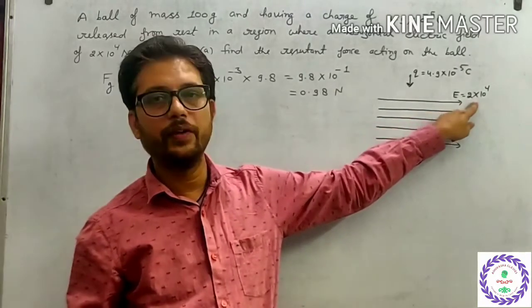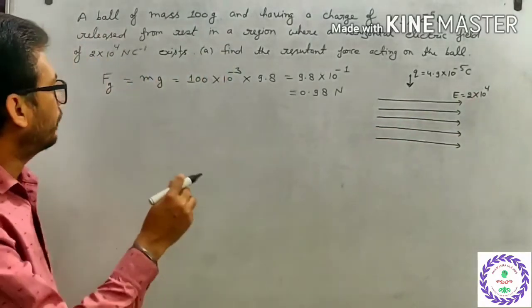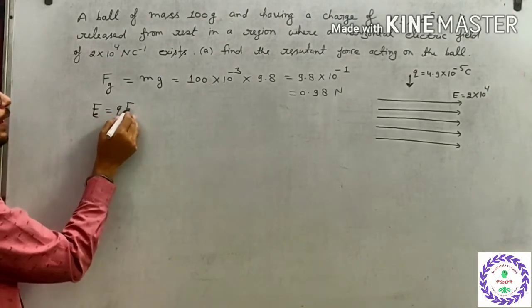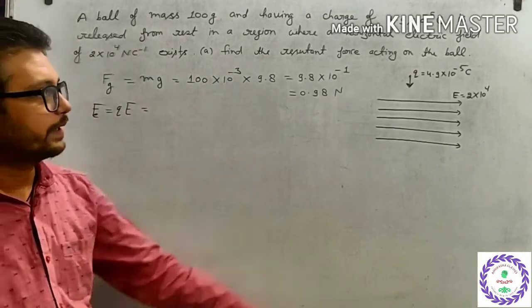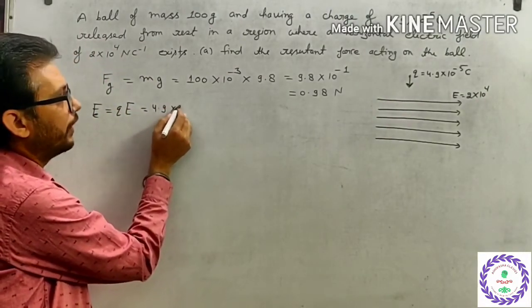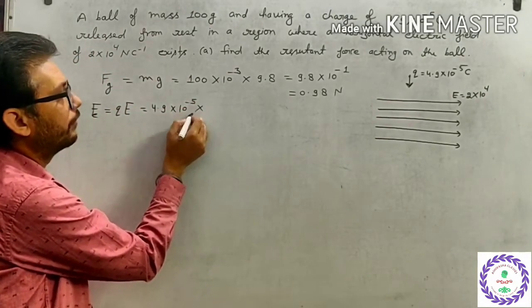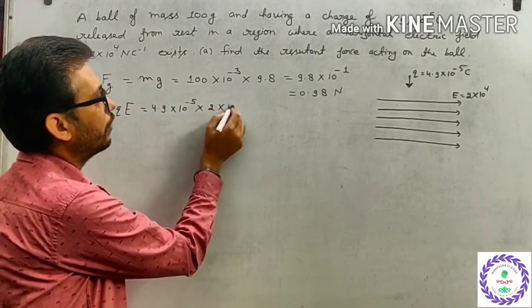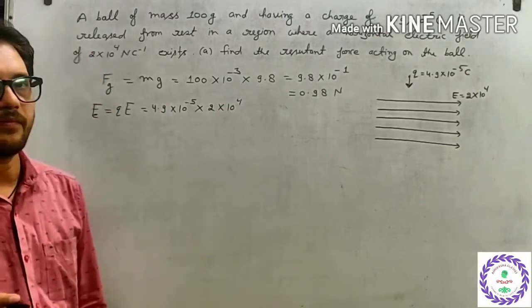Now an electric field is there, so the electric force on it will simply be QE, and Q is given in the question, that is 4.9 × 10^-5, and E is also given in the question, that is 2 × 10^4.